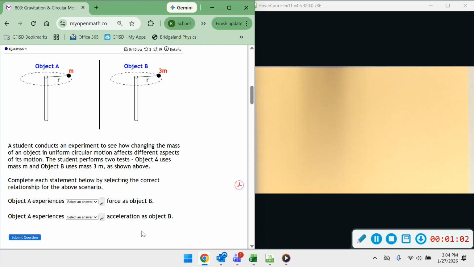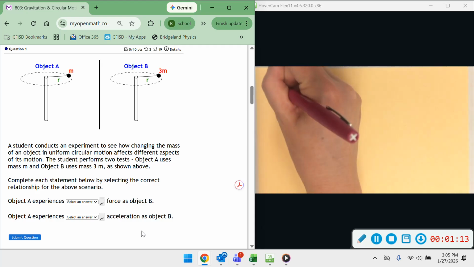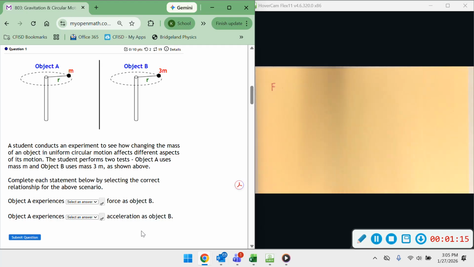So when we're looking at objects in uniform circular motion, we have some formulas that we can use to analyze this. The first question is specifically asking us to analyze the effect on force, and it's talking about changing the amount of mass and how that is going to affect the force.